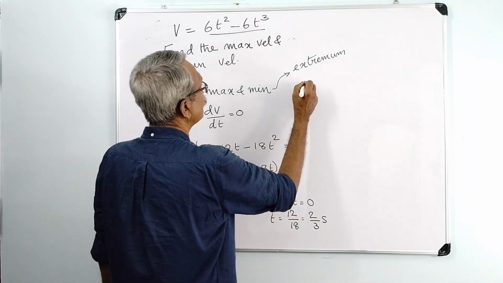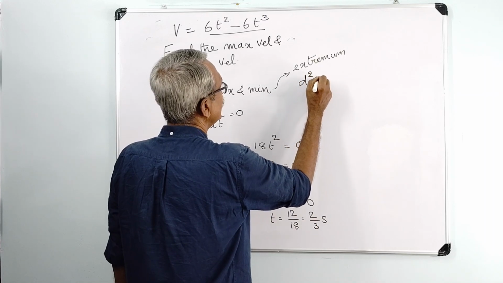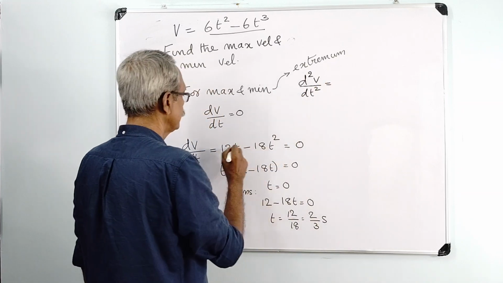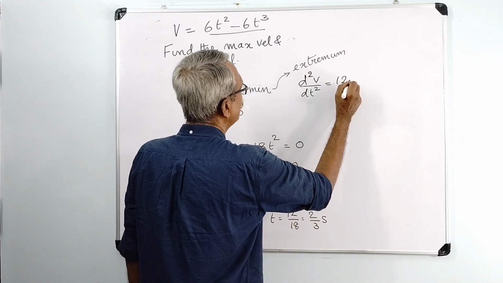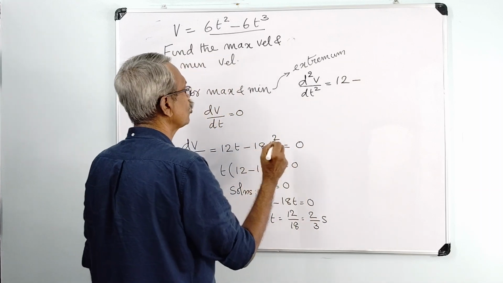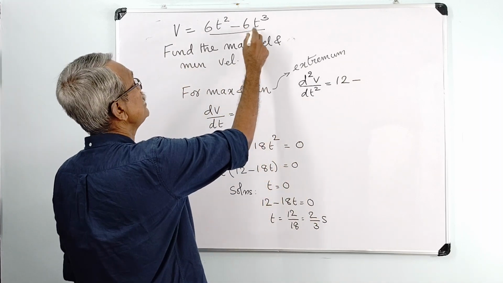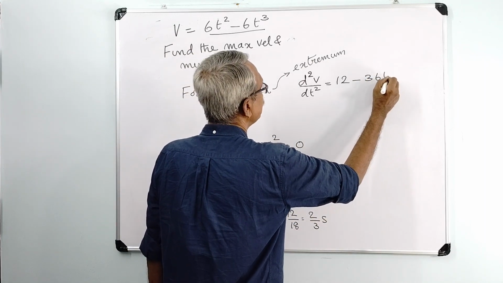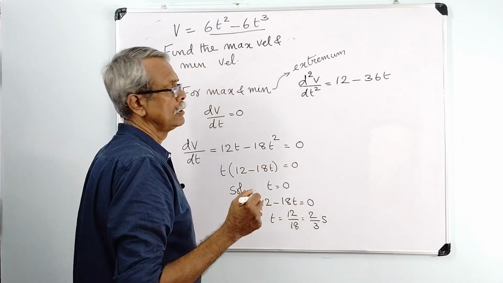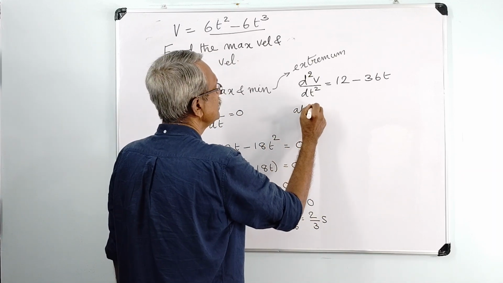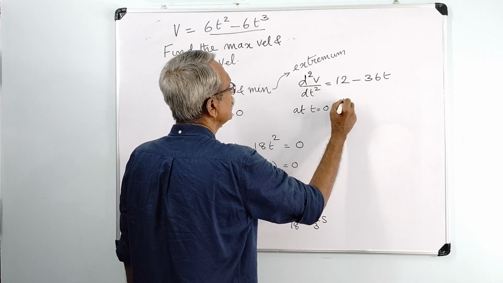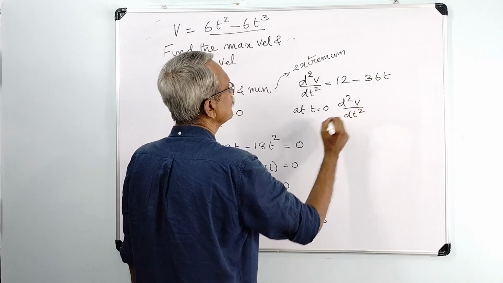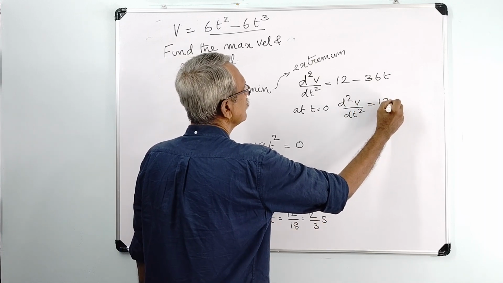Therefore, we can find the second derivative, d square v by dt square, is equal to 12t, the derivative is 12, minus 18t square, the derivative is 36t. At t equal to 0, d square v by dt square is equal to 12, which is positive.